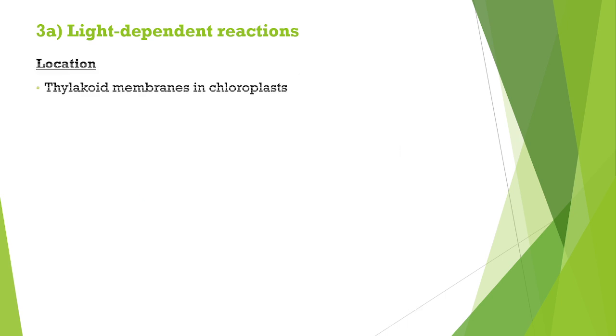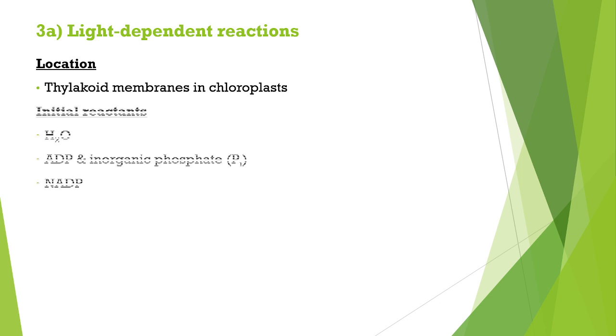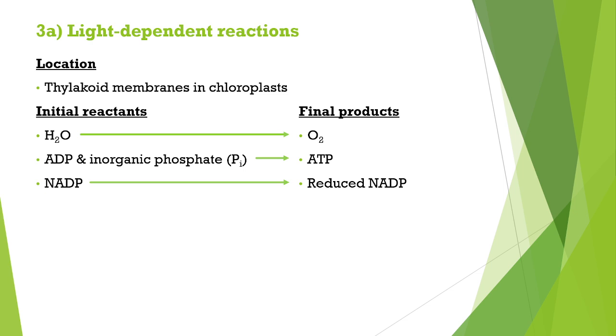So the gist is, your light-dependent reactions occur in the thylakoid membranes. The initial reactants would be water, ADP and inorganic phosphate Pi, and NADP. Then they will be used to make the products of the light-dependent reactions.